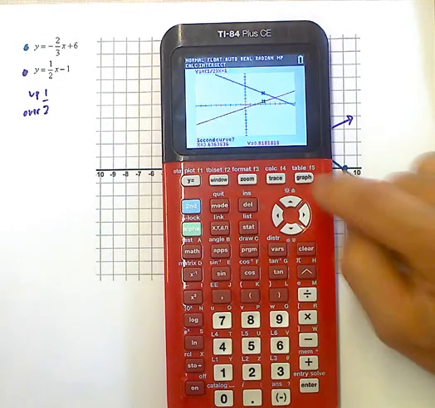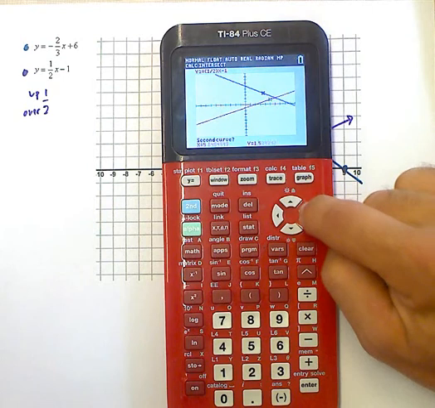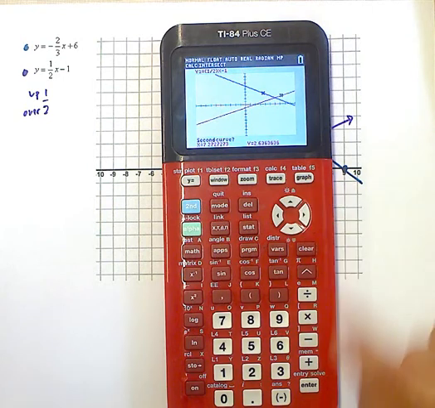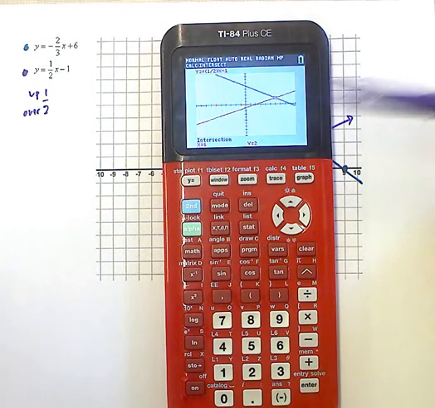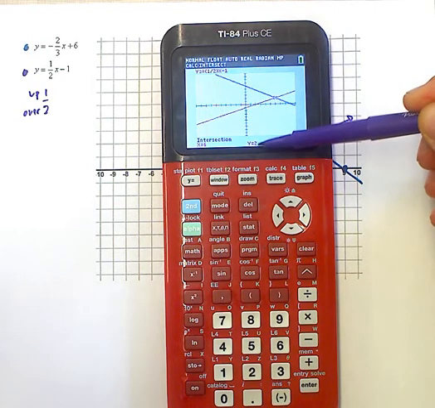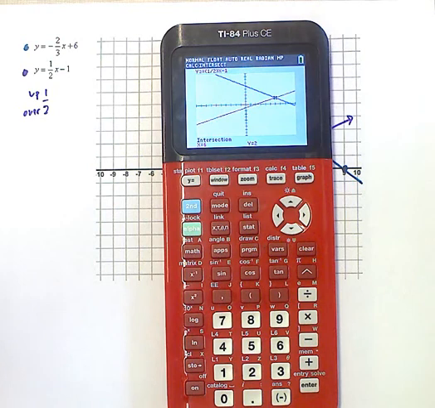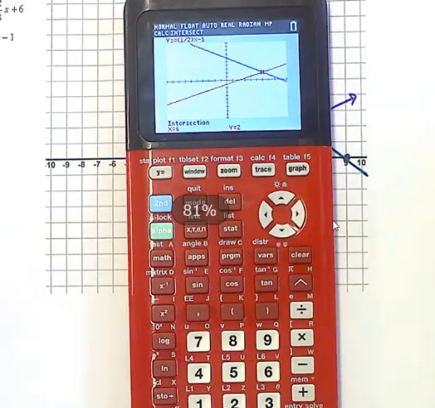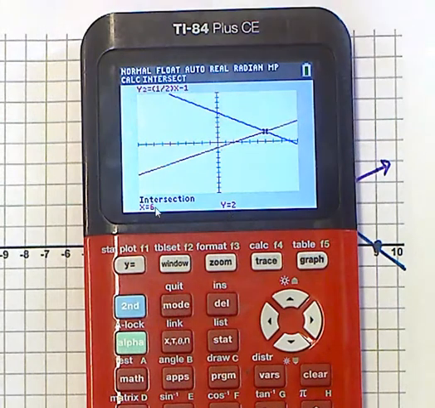First curve, and then I'll move this cursor maybe past the intersection. Second curve, hit enter again, and it actually gives me my intersection of 6 and 2. If you look here, it's giving me my intersection of 6 and 2.